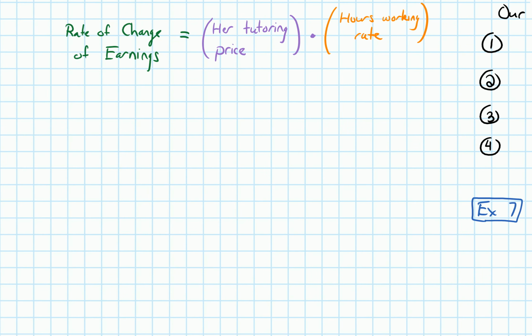Alrighty, so I've copied down that formula that we had here. So let's break down both of these things in parentheses. Her tutoring price, the question told us, was being compounded continuously, which is something that we talk about in Math 30 in the previous calculus class. But there's a formula to determine what that is, and it's P times e to the rt.